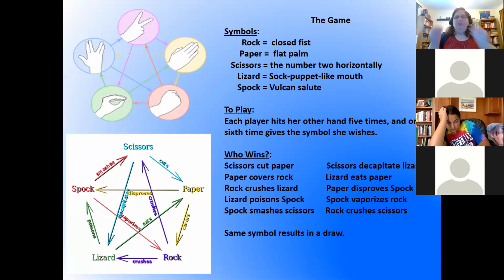Okay, so this time you hit the other hand 5 times, and on the 6th time you give the symbol you wish. And then you can see how it works in terms of all these options, where scissors cuts paper, scissors decapitates lizard, those sort of things.